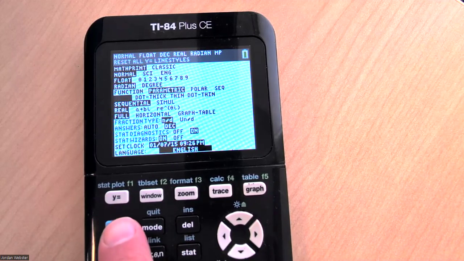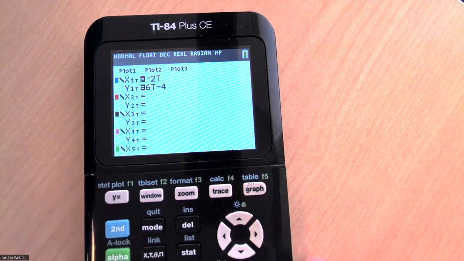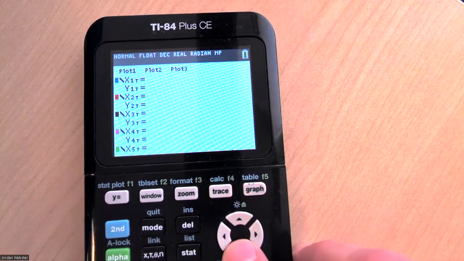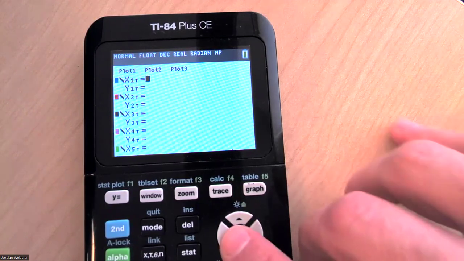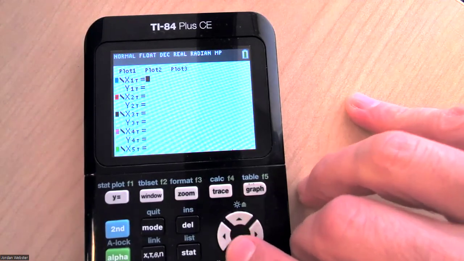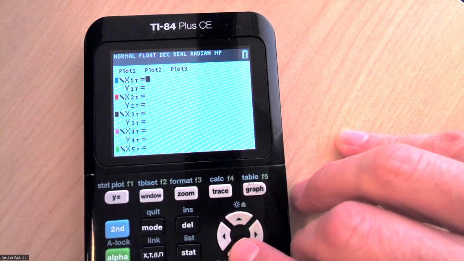Now, when you hit your y equal button, here on the left-hand top, what you'll see is you'll be given pairs of equations. One that says x equals something and the other that says y equals something. And what we had was x equals t squared minus 4.